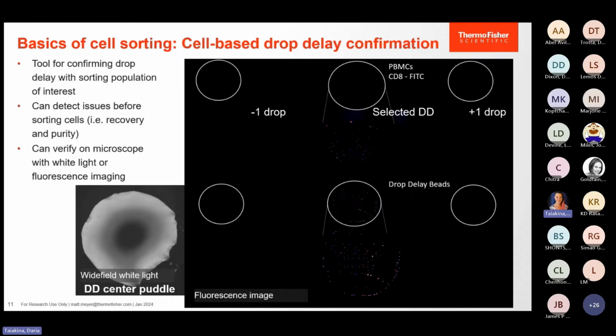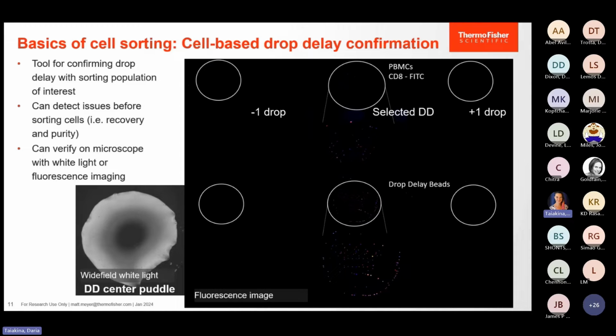But these are typically drop delays done with 10.6 micron beads, and cells, as we know, range in size and can be either larger or smaller. And so it's always good to do what's called a cell-based drop delay. You can actually use the gate of interest that you're going to be using for your sorting to sort onto a slide, and just make sure that the drop delay that was measured is going to be best for your particular cells of interest.